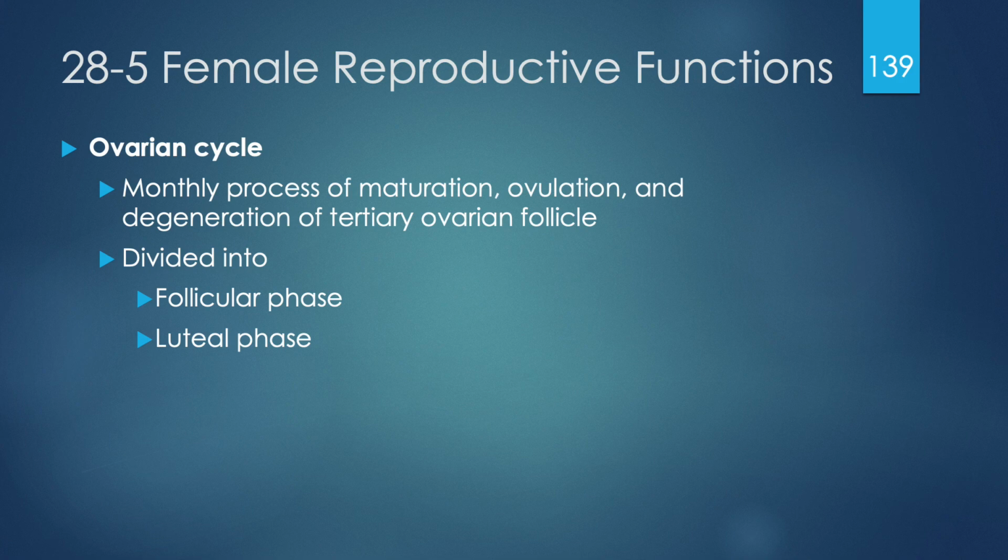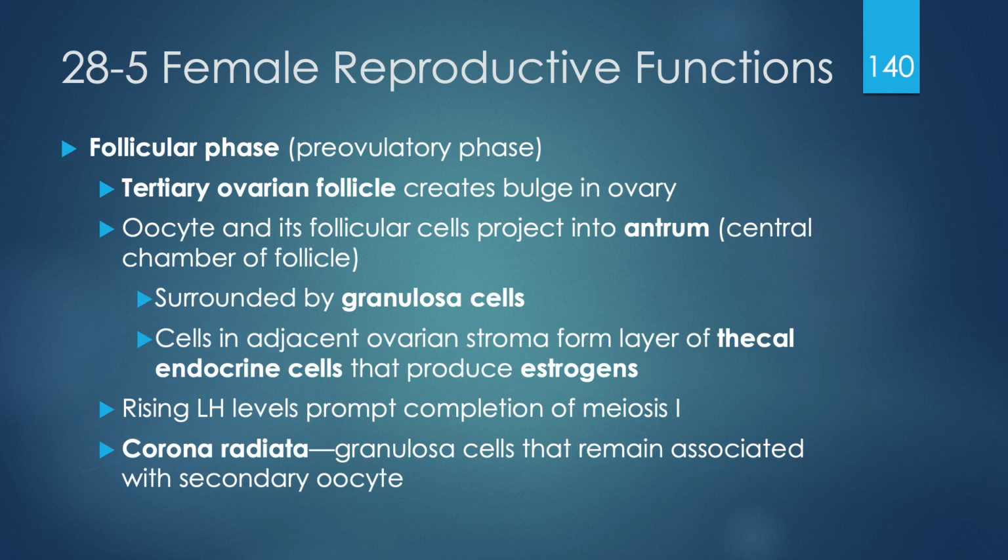We're going to break down the ovarian cycle into 2 phases, the follicular phase and the luteal phase. The follicular phase is also known as the pre-ovulatory phase, and during this phase, the tertiary ovarian follicle will create a bulge in the wall of the ovary at the cortex. At this point, the oocyte and the follicular cells around it are going to project into the antrum, which is the central chamber of the follicle.